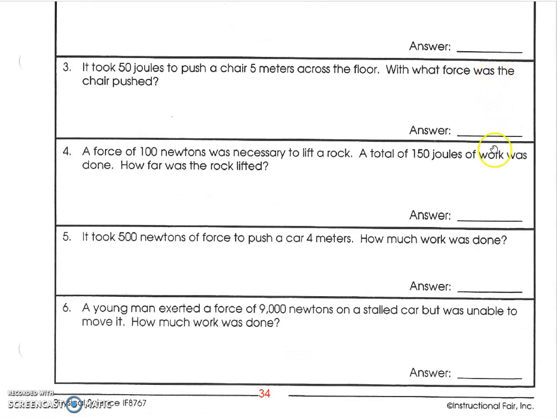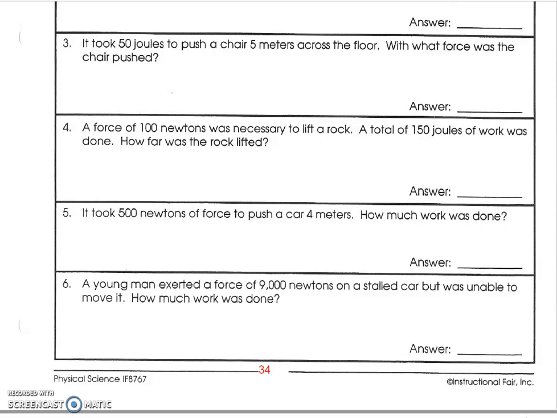For number 3, it took 50 joules to push a chair 5 meters across the floor. With what force was the chair pushed? So now you have to pay attention to what's given to you. If it's giving you joules, that is giving you the work. 5 meters is the distance, and it's asking for force now.